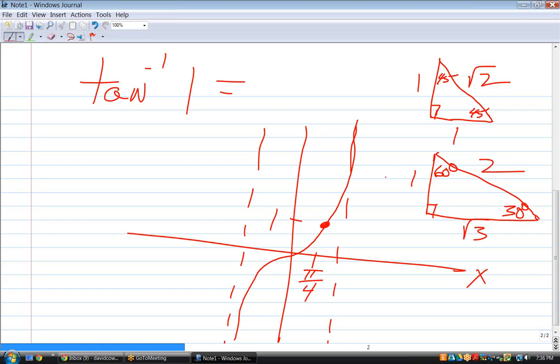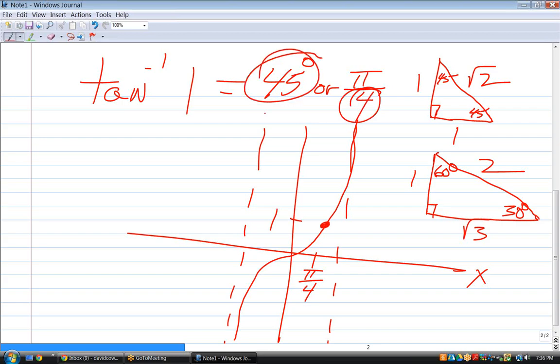But these two triangles is what tells you that the tangent of 45 degrees is 1 over 1. Therefore, the inverse tangent of 1 is 45 degrees, or pi over 4. Notice that that times that's always 180. Okay?